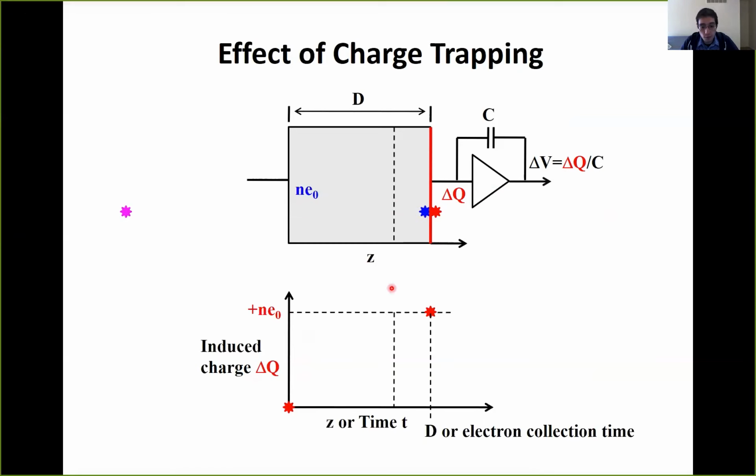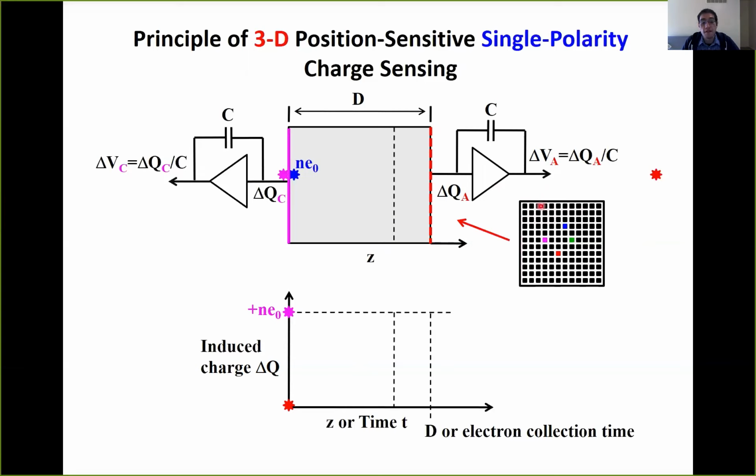The way we do this is via the pixelation of the anode. So let's say there's a pixelated 11 by 11 array of electrodes. Each is its own electrode, or I would use the word pixel from now on. The interaction physics is slightly different. When a gamma ray interacts and deposits energy on the cathode side, it will drift, but the way the charge is induced is slightly different.